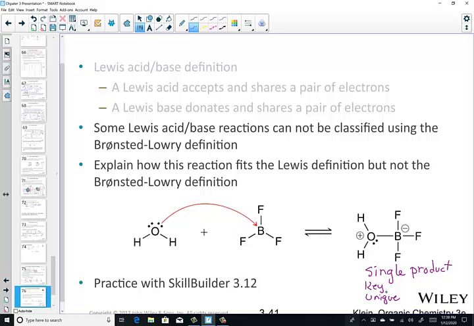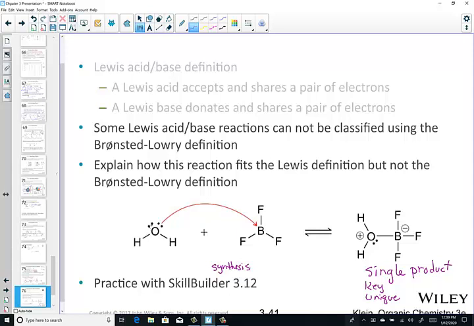Arrhenius and Bronsted-Lowry working definitions always had A plus B gives me C plus D. You'd have two products on the right-hand side. The Lewis theory allows us to look at more of a combination or a synthesis pattern of reaction where a single product is formed.